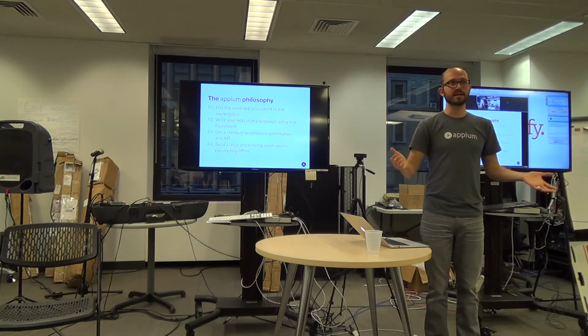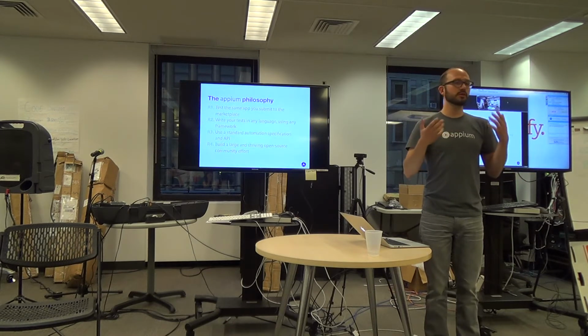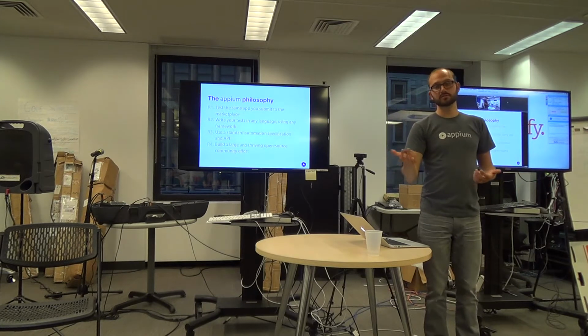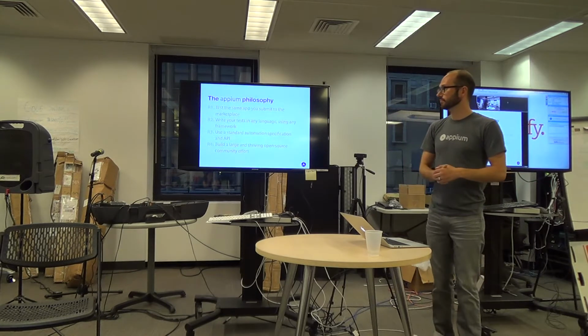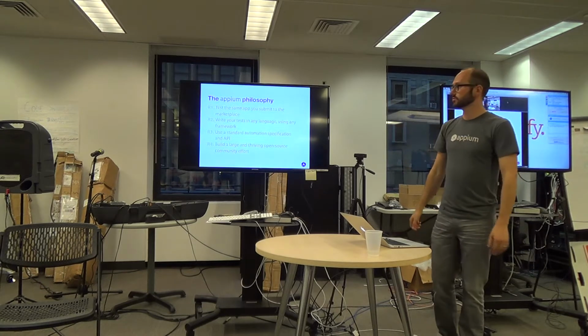We thought that this was a bad idea, because if you're building a third-party library into your application while you're testing it, who knows what other weird consequences it's having? Who knows whether your tests are failing for the wrong reasons or passing for the wrong reasons, which is worse. So we thought it'd be better to just make sure that the app you're testing is the same thing that you're giving to your users.